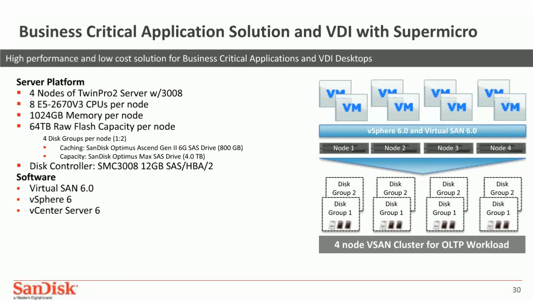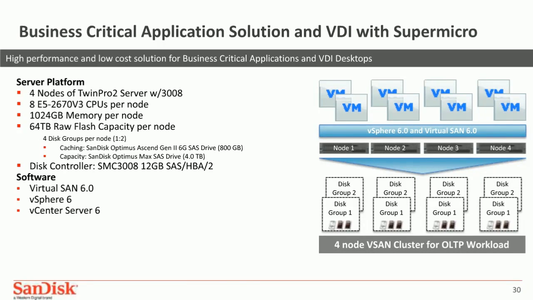The one you're seeing here is with Supermicro. It uses 2 disk groups, and in each disk group we have 1 caching drive and 2 Optimus Max, which are 4 terabytes each. Using 2 disk groups, you get something like 16 terabytes of raw capacity.